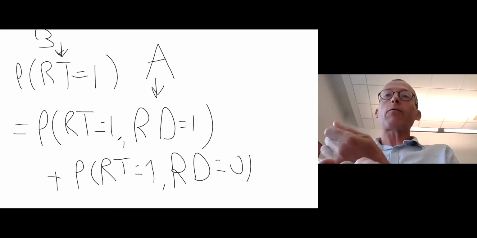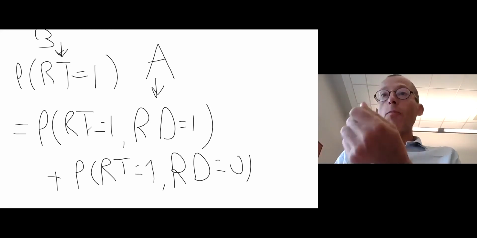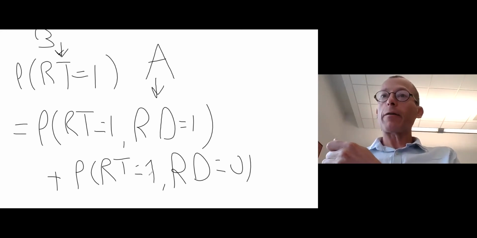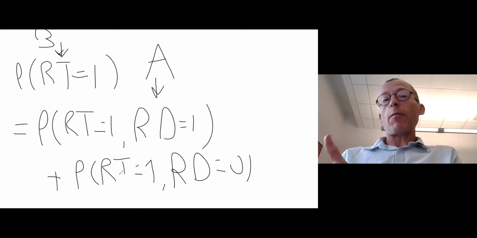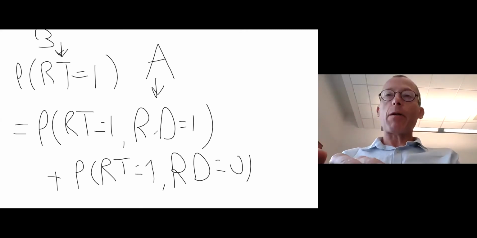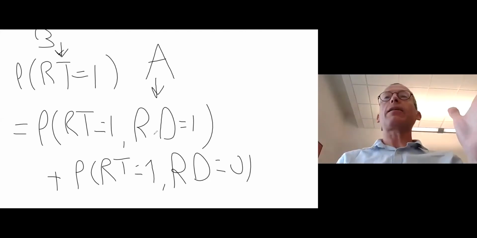Now, the probability that it rained tomorrow is the probability that it rained tomorrow and it rained today. These two are two separate things. They cannot happen together, right? And the second thing is the probability that it rained tomorrow and it didn't rain today. And these are the only events that can happen, right? We are not missing anything, and we cannot add anything.